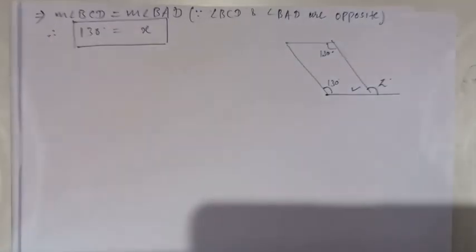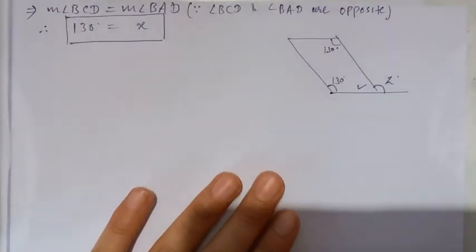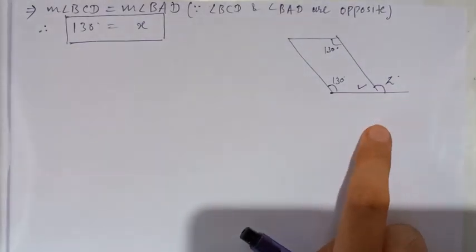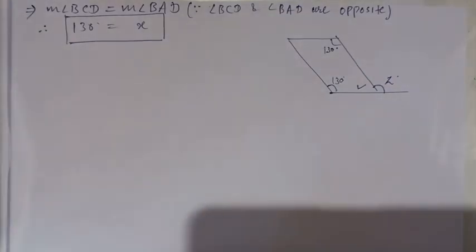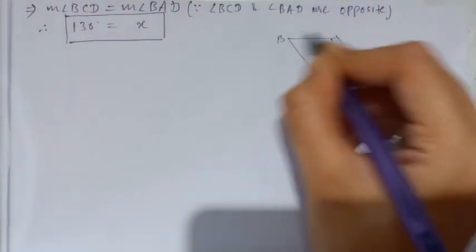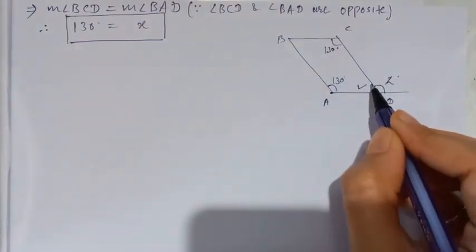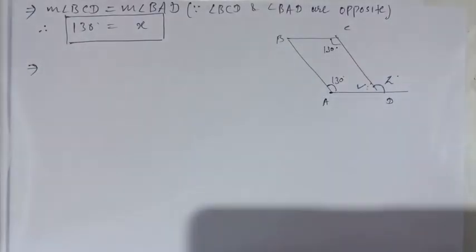So first we have to find this interior angle, and then we can find the measure of this z. A, B, C and D. So let's first find CDA.